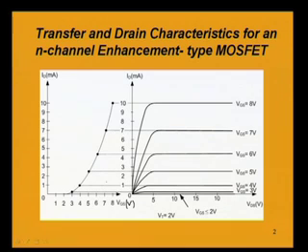Now, for example, for VGS equal to 3 volt, this is the saturation current. We extend it and this current is intersecting the VGS 3 volt at this point. So, this is one point.